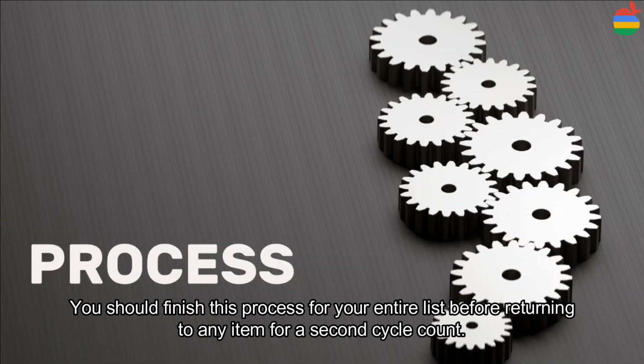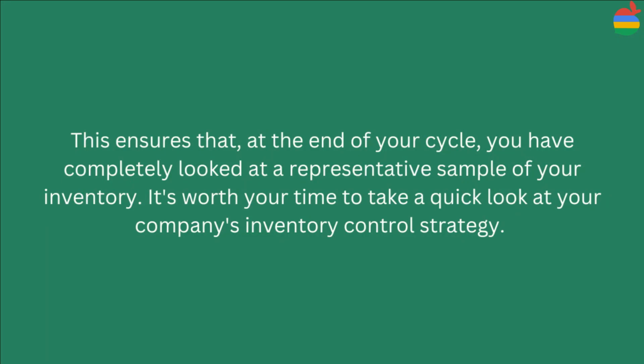You should finish this process for your entire list before returning to any item for a second cycle count. This ensures that at the end of your cycle, you have completely looked at the representative sample of your inventory. It is worth your time to take a quick look at your company's inventory control strategy.